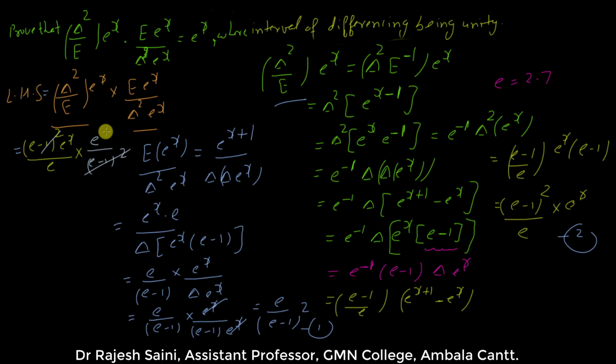This will cancel out, e to e will cancel out, so we are left with e^x, which is nothing but equal to the right hand side. So we have proved the result that we had to prove.